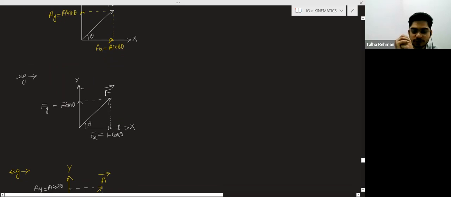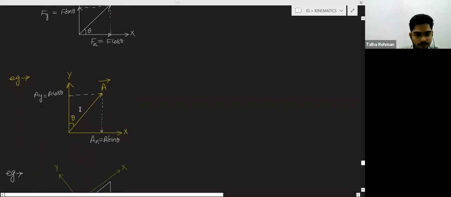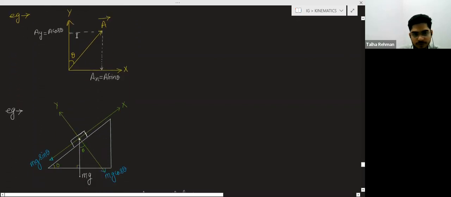If you want to see the effect of this force along the x-axis, then you will take the component of this force along the x-axis and the component along the y-axis. Okay, so we have done these examples.